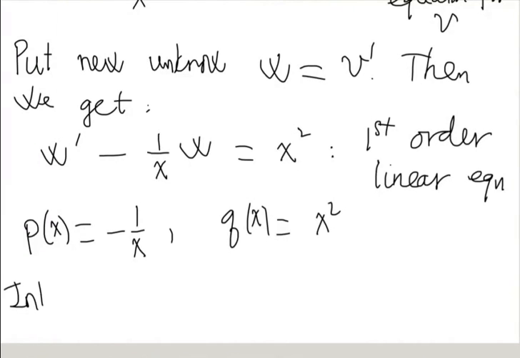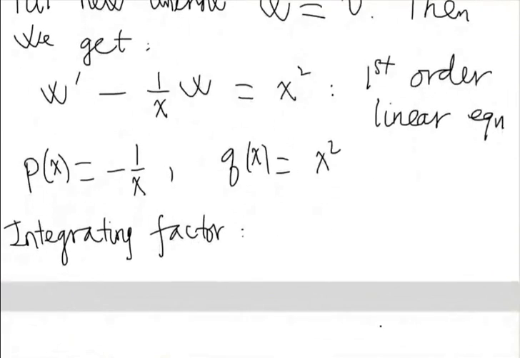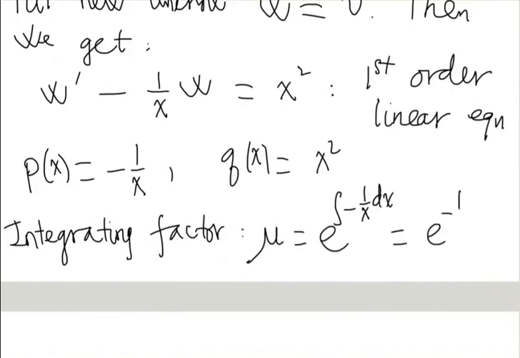So the integrating factor is mu equal to e to the integral of minus 1 over x dx, and we get e to the minus natural log of x. And as before, we don't need to use absolute value.